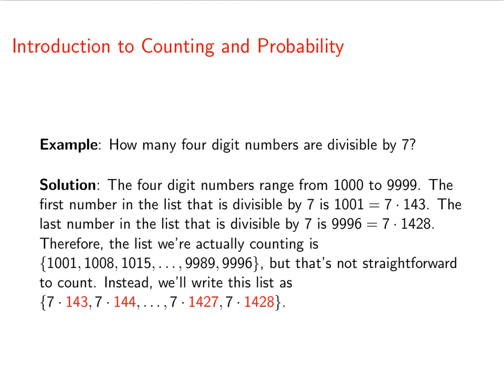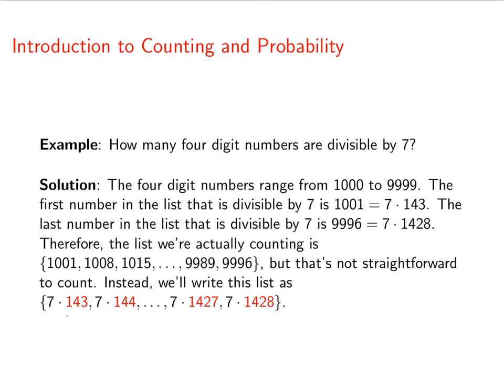Let's rewrite this list. As we saw, the first thing in the list is actually not 1001, but 7 times 143. So we put that in here, 7 times 143, and then the next one, 7 times 144, and so on. And the last thing in the list is 7 times 1,428.